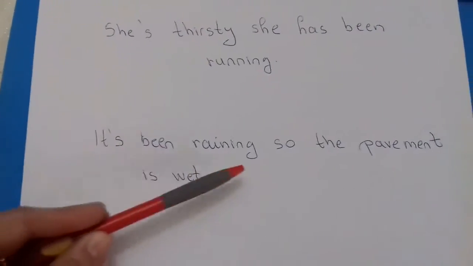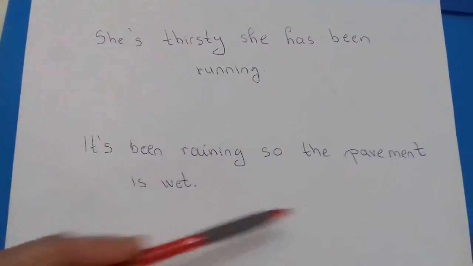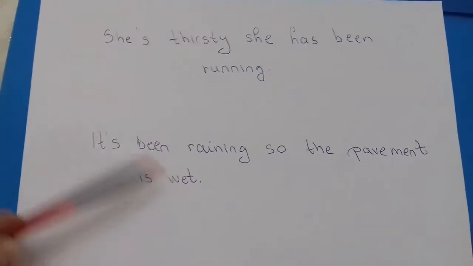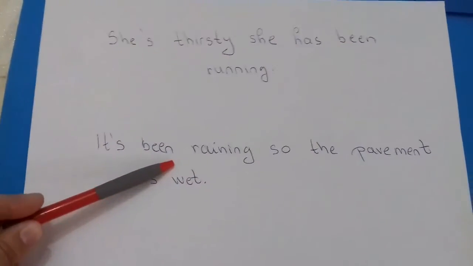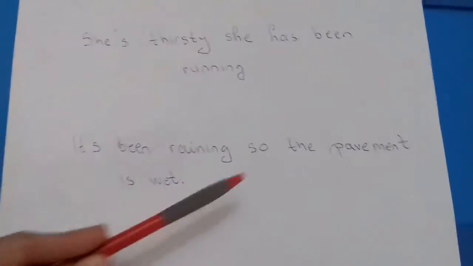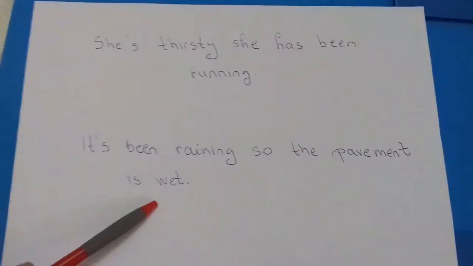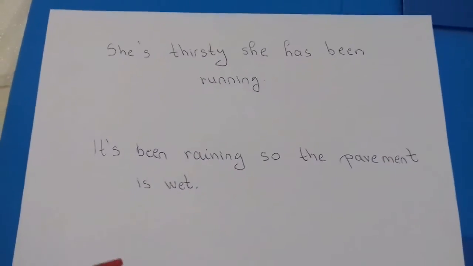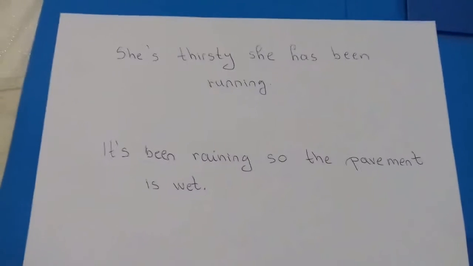Or it's been raining so the pavement is wet. It's been raining and the result of raining is the pavement is wet. The focus is on the activity rather than the result.